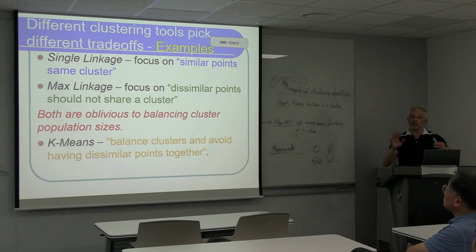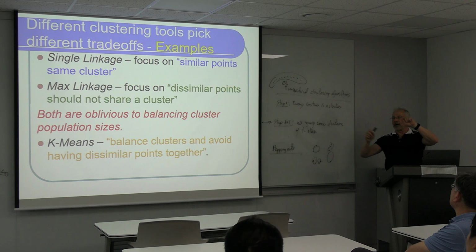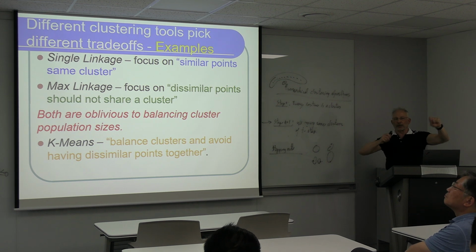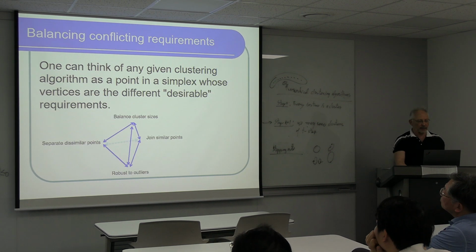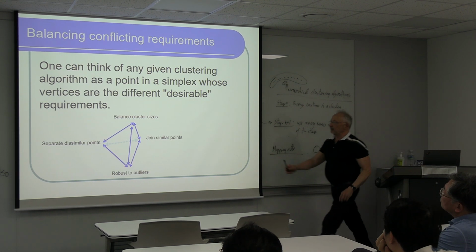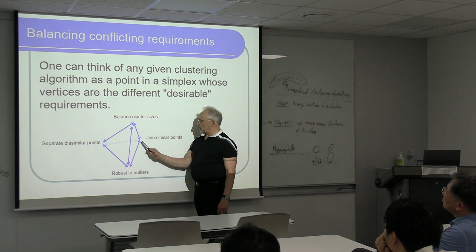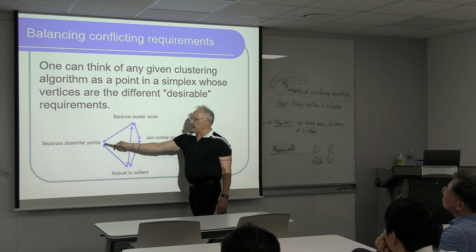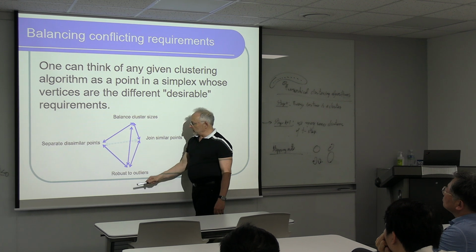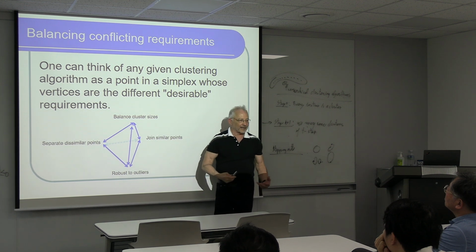And there are algorithms that put more emphasis on balance. So if we look at this graph of conflicting requirements, we can see that each of the common clustering algorithms is kind of sitting somewhere in this balance. The single linkage says, I am here, very close to this corner. The max linkage says I'm very close to this corner. The k-means is somewhere here. And every algorithm is sitting somewhere.